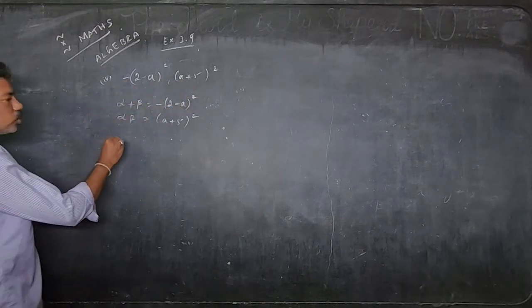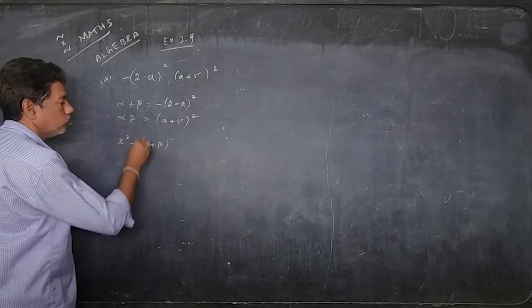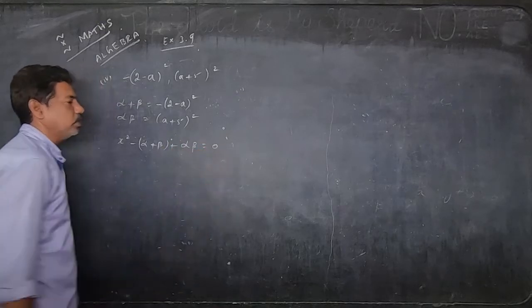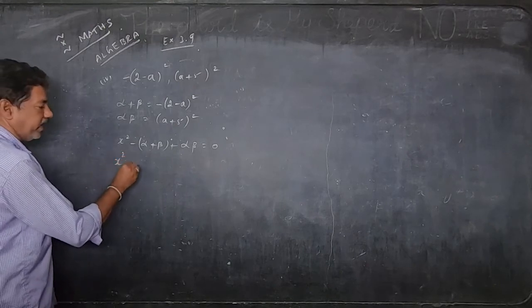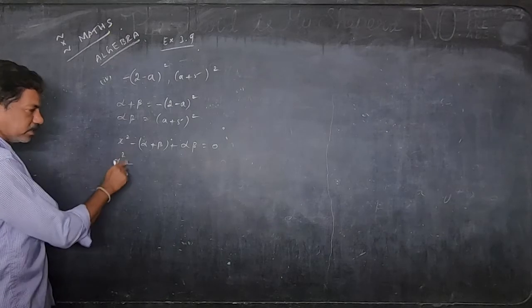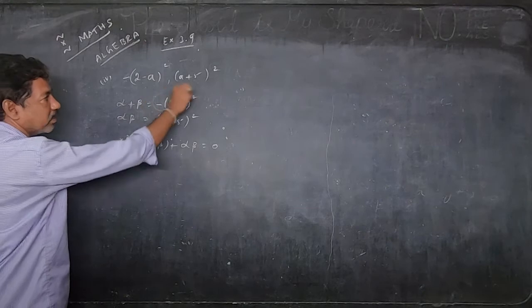Okay, this one is sum of roots and this one is the product of roots. So that the things I have taken. Okay, now as usual, x square minus sum of roots plus product of the roots equal to 0. Can you able to identify? Okay, x square minus, what is sum of roots? See here there is minus, this one is also what? The entire thing.